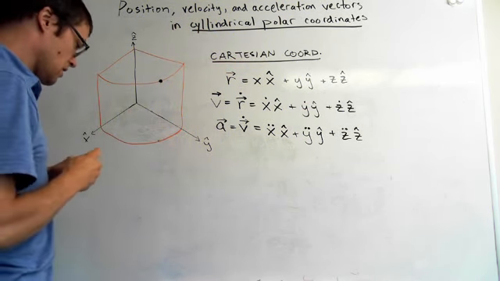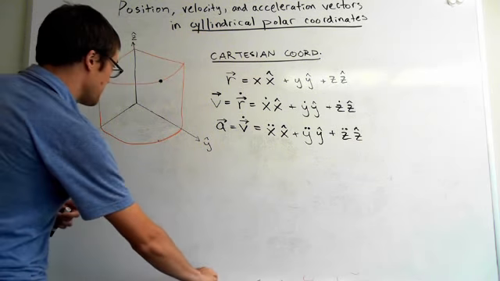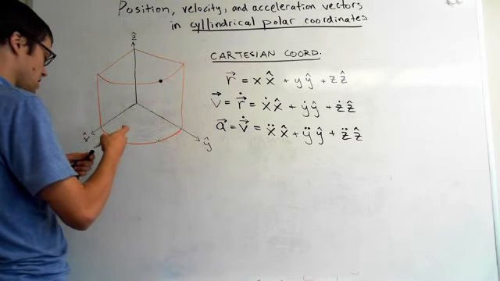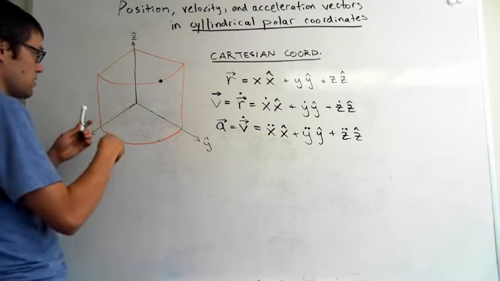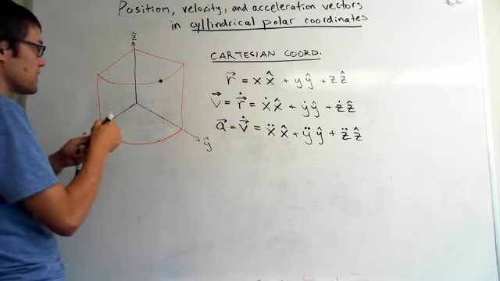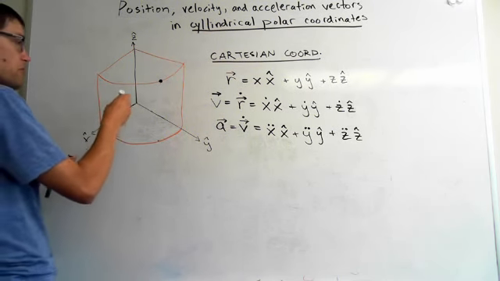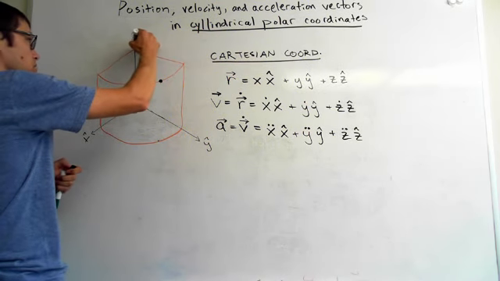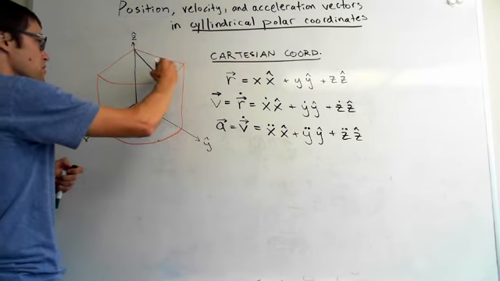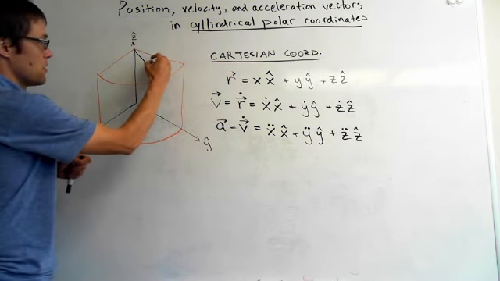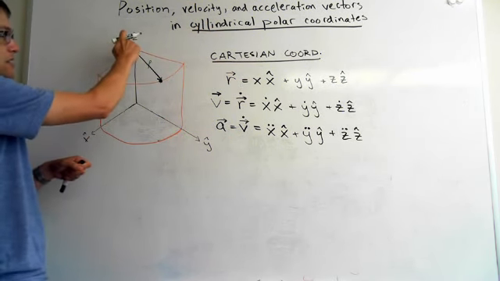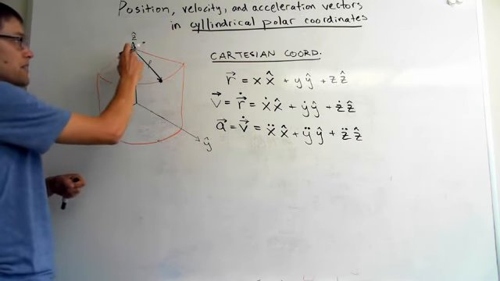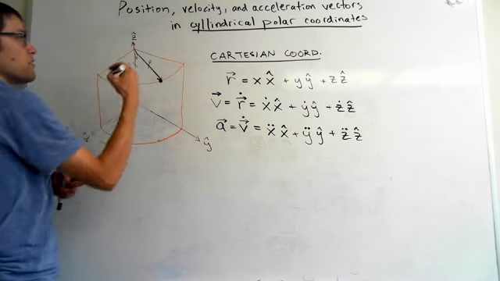Okay, let me just do that now in green again. To represent the position now in cylindrical polar coordinates, again we'll have 3 coordinates, and this time one of those coordinates is called rho, and rho is this distance from the z-axis to the point, and that line that I just drew makes a 90-degree angle with the z-axis.